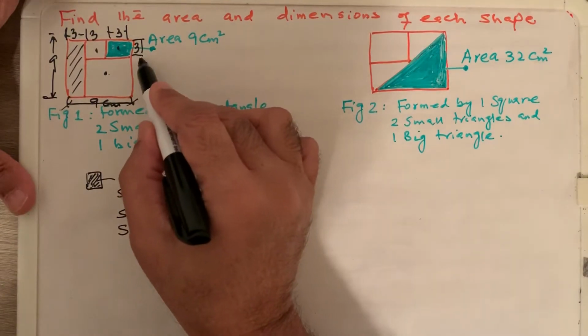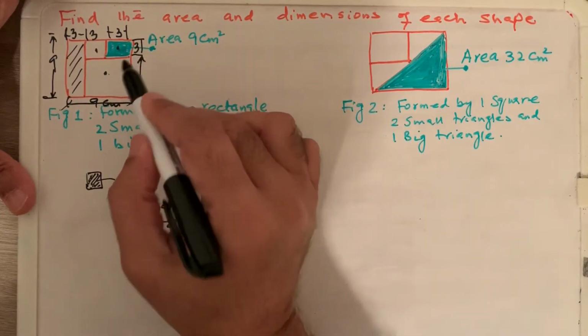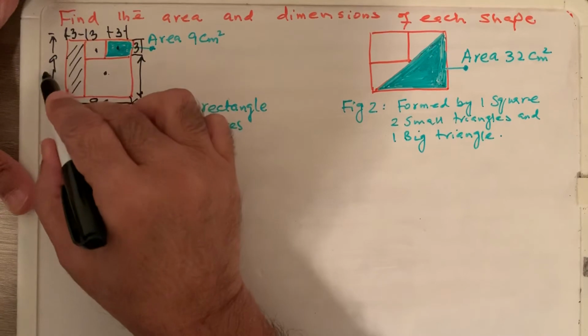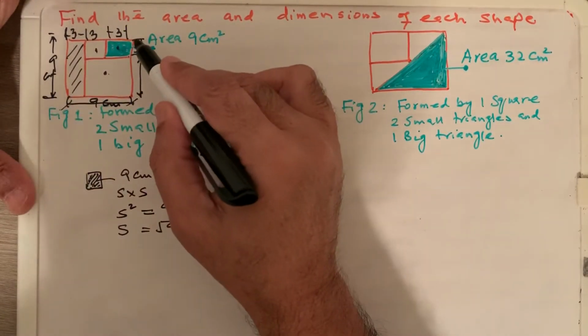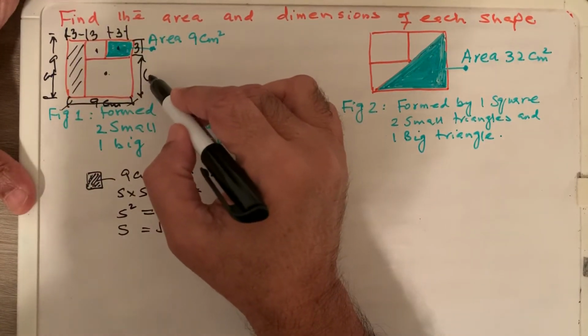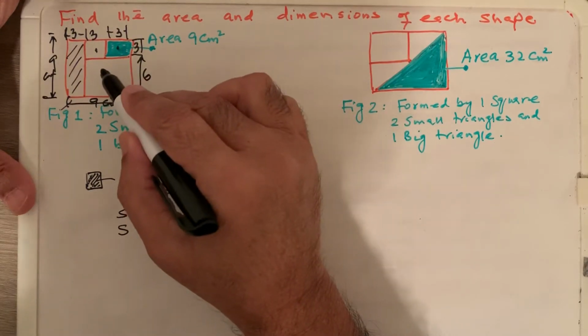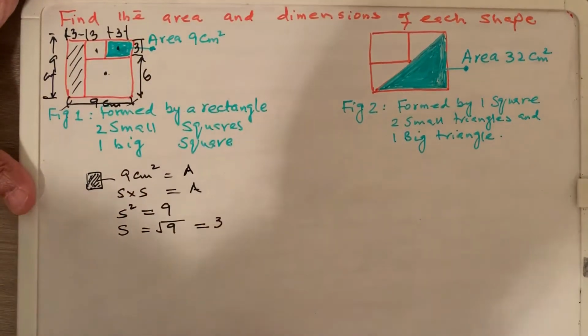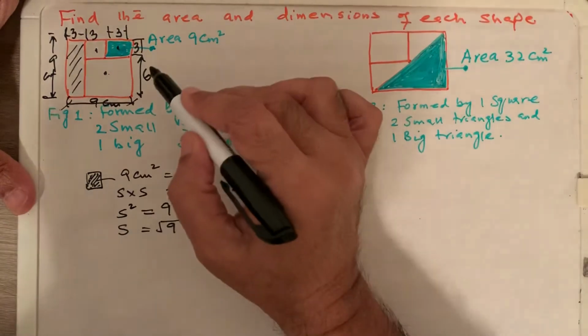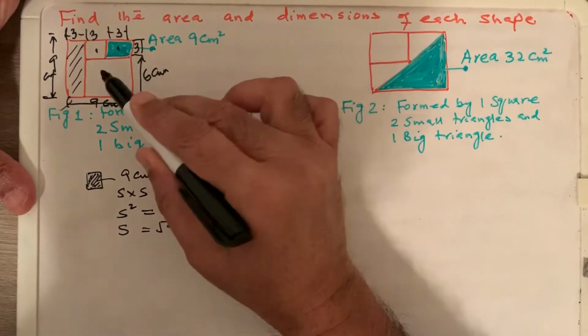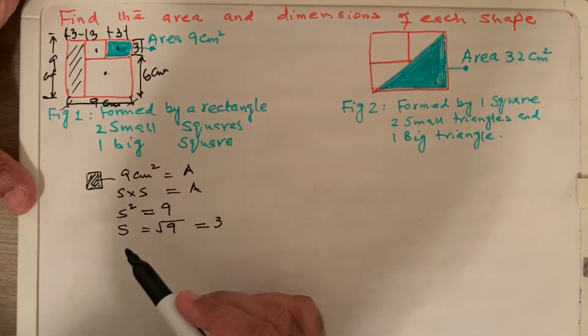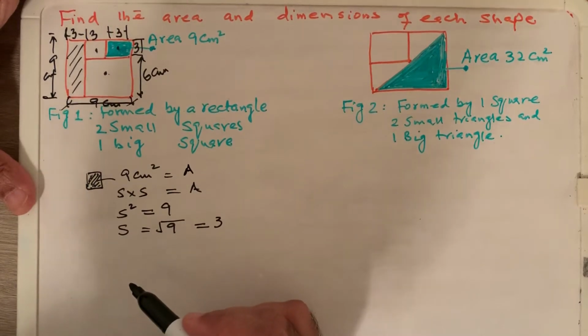And if 9 minus 3, what is this side? If the whole thing is 9 cm and this 3 is the small square, then the remaining is 6. Since it is a square, both sides should be equal. So this big square has a side of 6 centimeter.